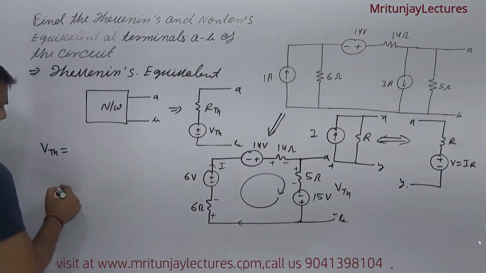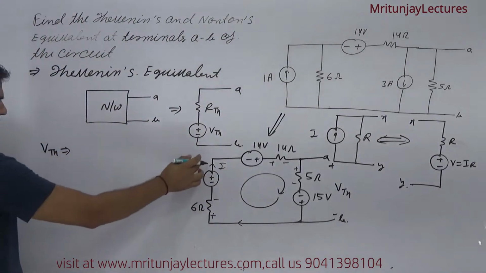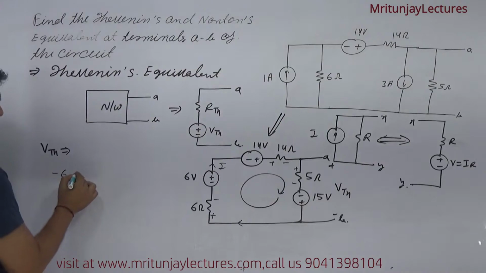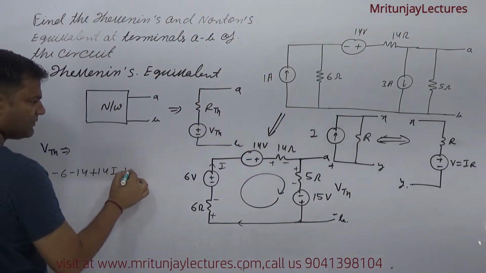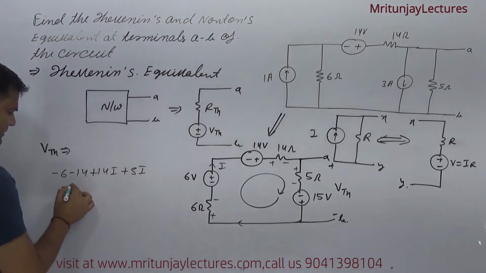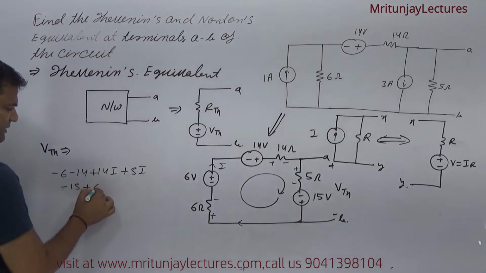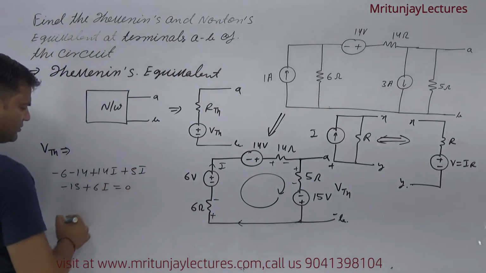Applying KVL: minus 6 volt, minus 14 volt, plus 14I, plus 5I, minus 15 volt, plus 6I, equals 0.